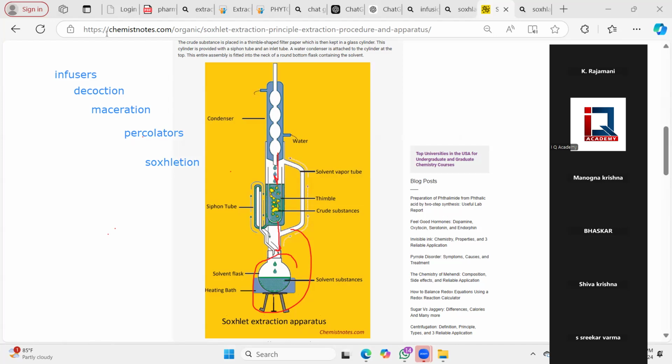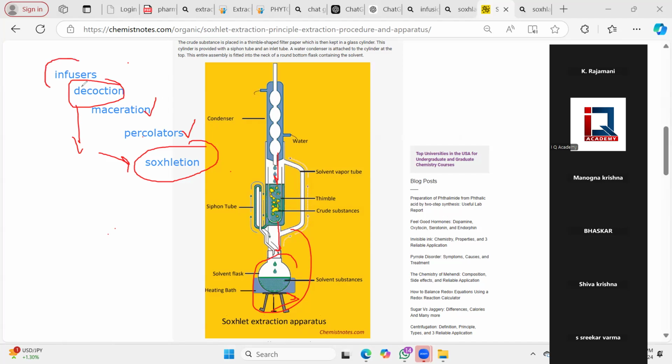Okay. So which to use when thermolabile substances are present, and which to use when they are not. Soxhlet extraction is not at all suitable for thermolabile substances because Soxhlet extraction involves a heating step. Decoction involves a heating step. In maceration and percolation there is no heating step at all.